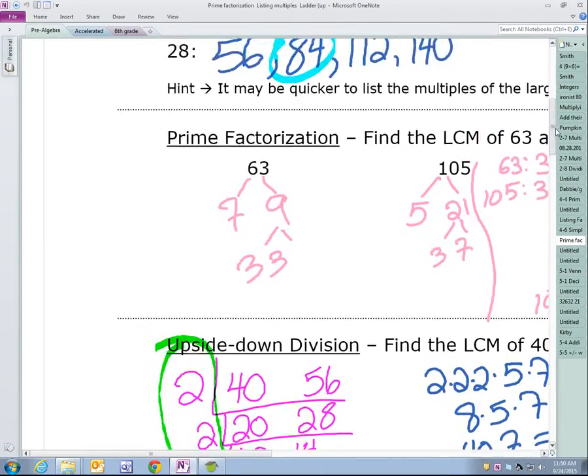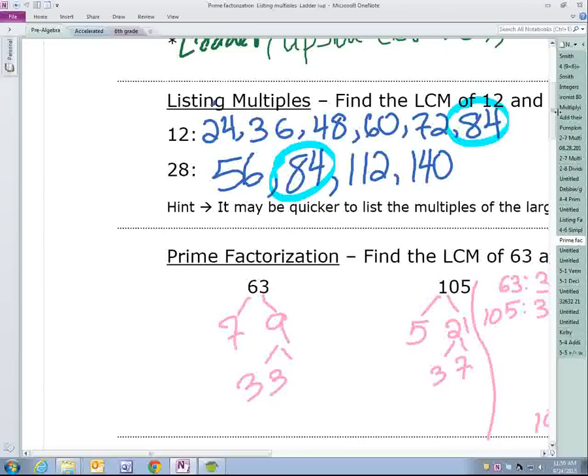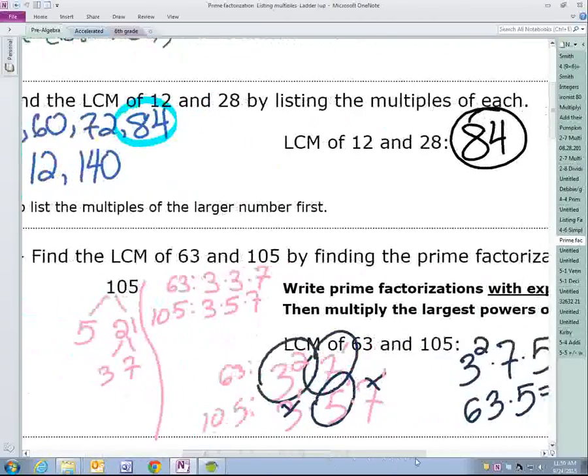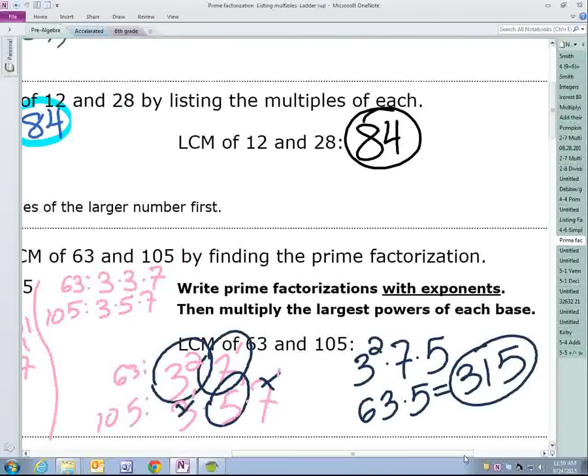It says then multiply the largest powers of each base. So we ignore the ones that have the lower powers.